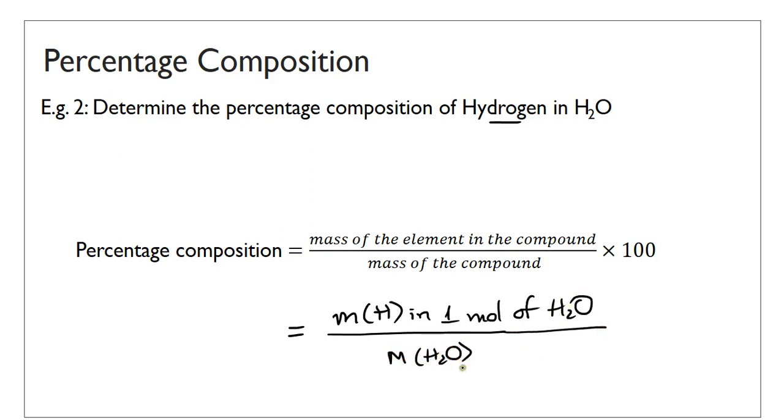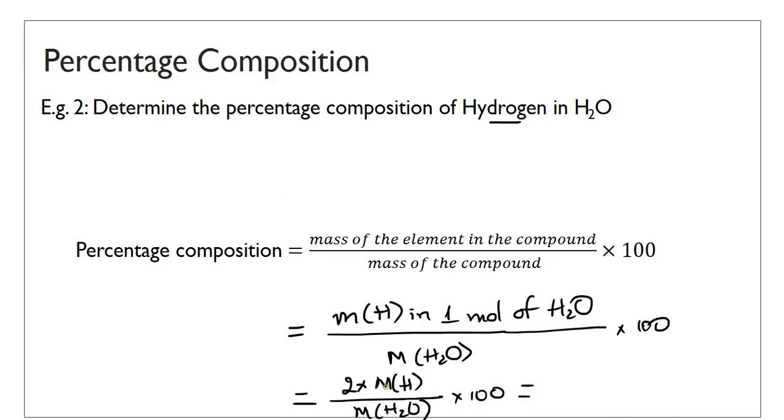And if you look at the formula of H2O, there are 2 hydrogen atoms and 1 oxygen atom. So the mass of hydrogen in H2O will be 2 times the molar mass of H over the molar mass of H2O, and you do need to multiply this by 100 to get a percentage.